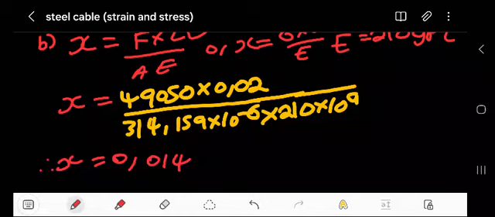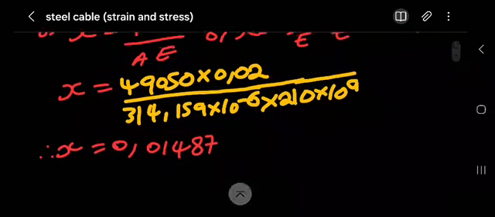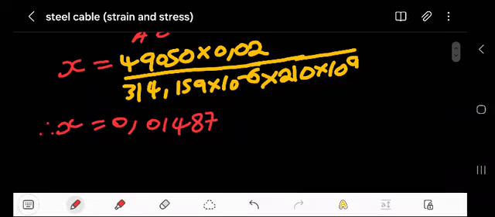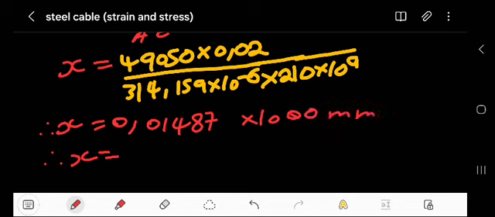If I round it, let me round it here. Okay, let me not round it. Let me leave it like this. Then if I don't round it off, let me just multiply this by 1000 to be in millimeter.